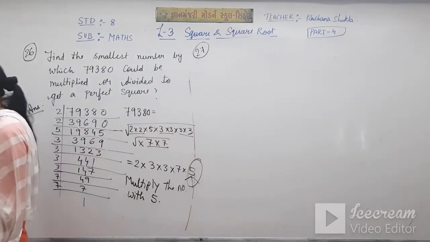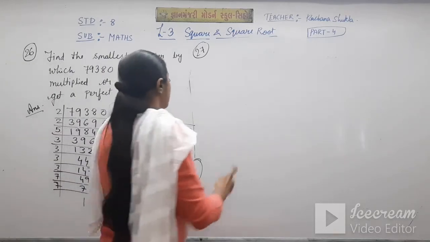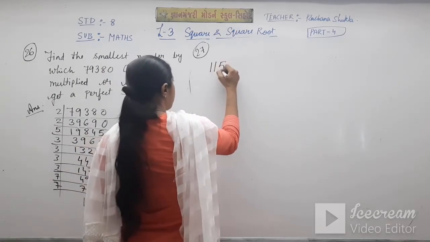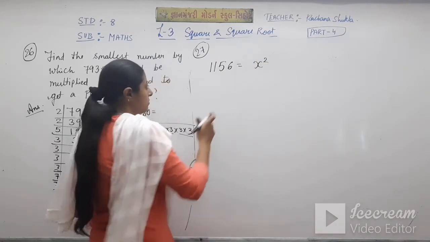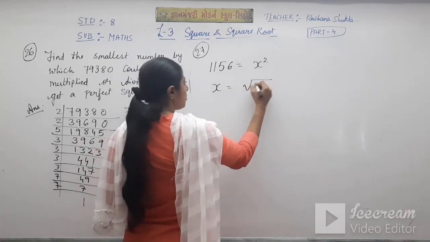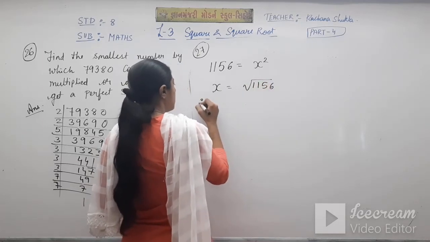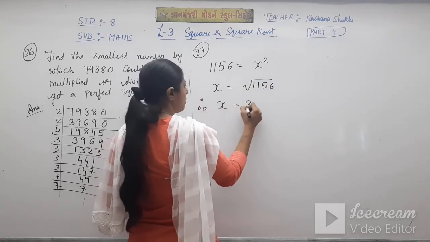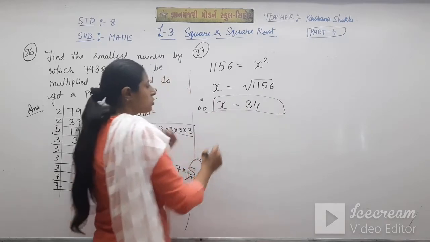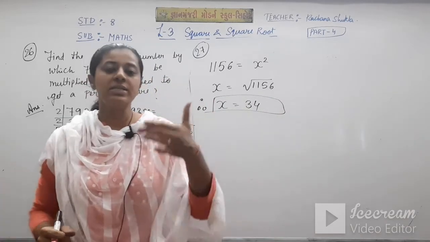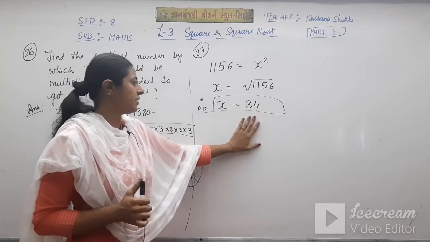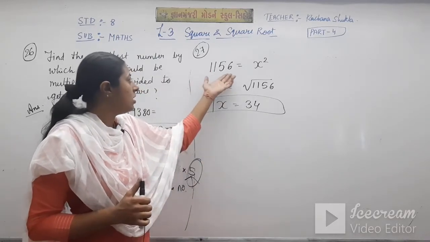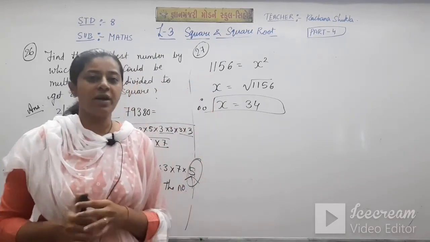That is nothing else but 1156 is equal to x square. So x is equal to root 1156. Therefore x is equal to 34. 34 students will stand on each side of the square field. Your answer is 34. You just have to find out the root of 1156.